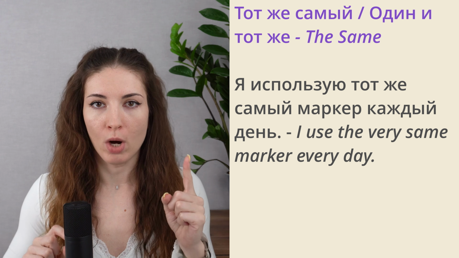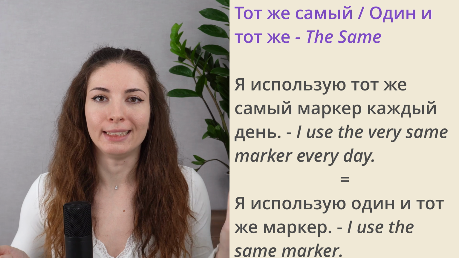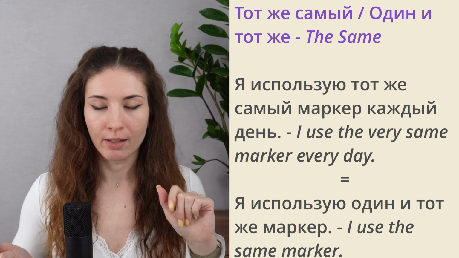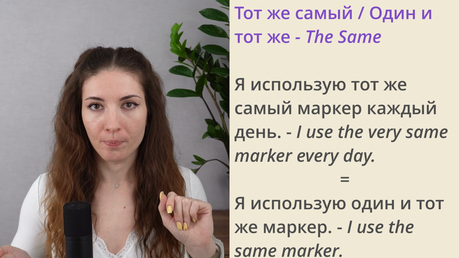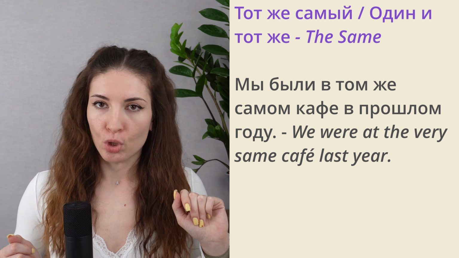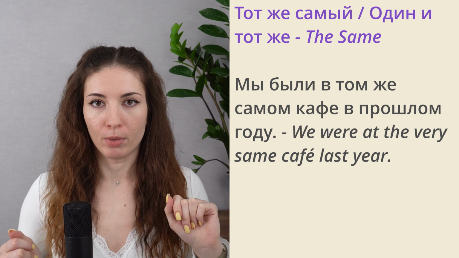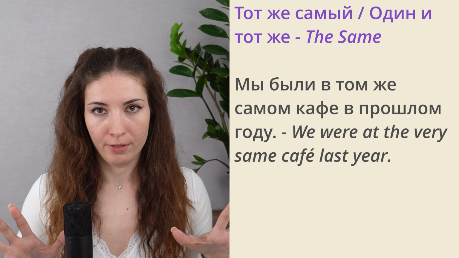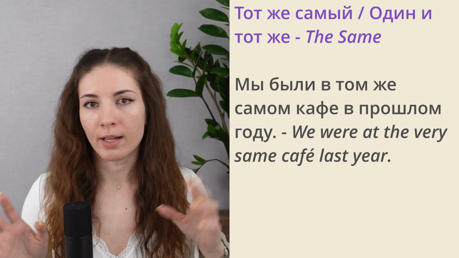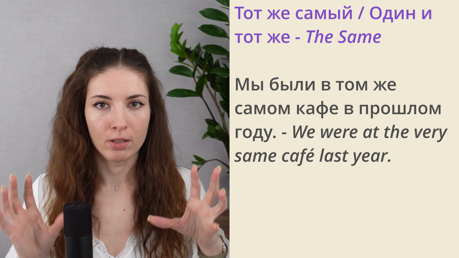So I have just one. Same will be if I say я использую один и тот же маркер. Or мы были в том же самом кафе в прошлом году. One coffee shop. Not a copy, not a similar one, the same. The very same coffee shop.